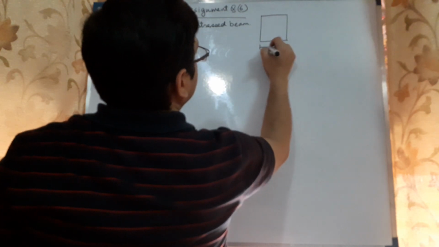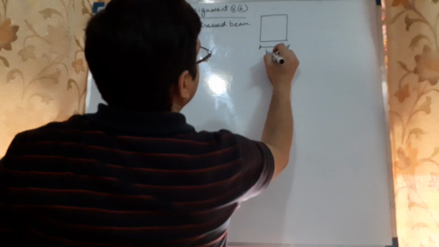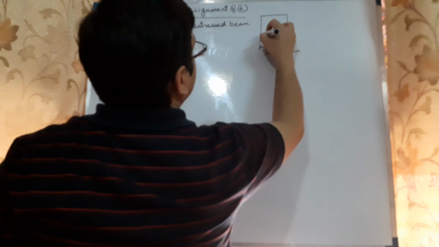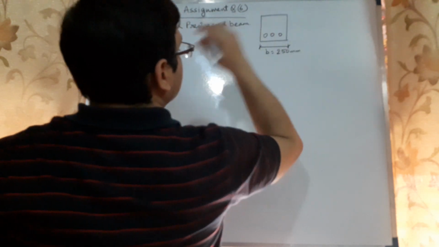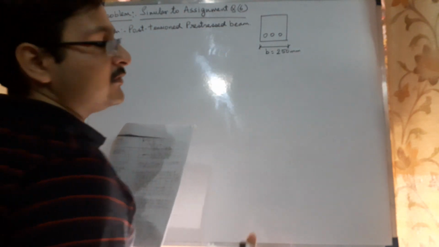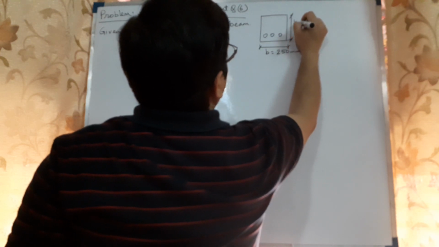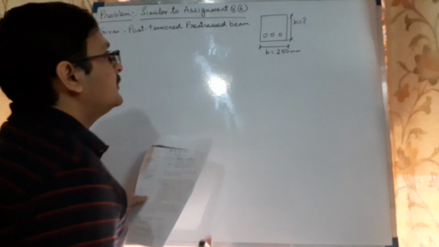The width here is B equals 250 mm. For example, I am just showing the tendons. I don't know how many tendons there are, so I am just drawing arbitrarily, and H is not given. H we have to find out.